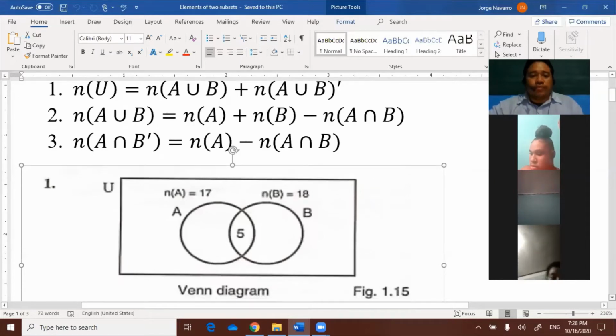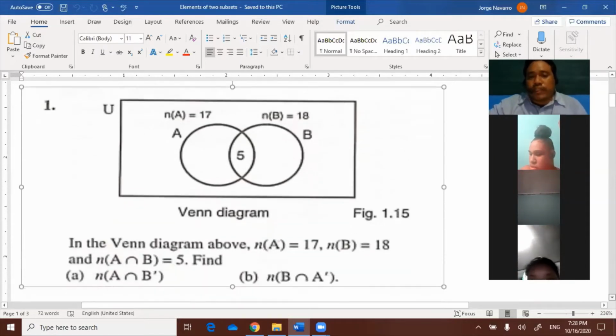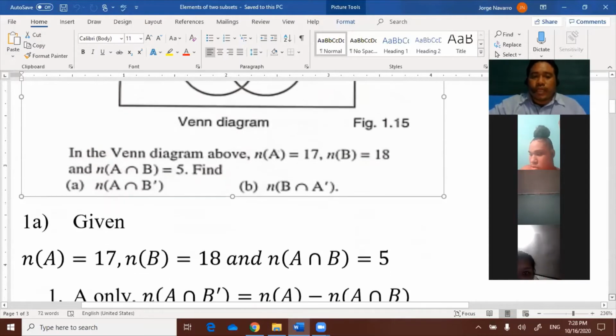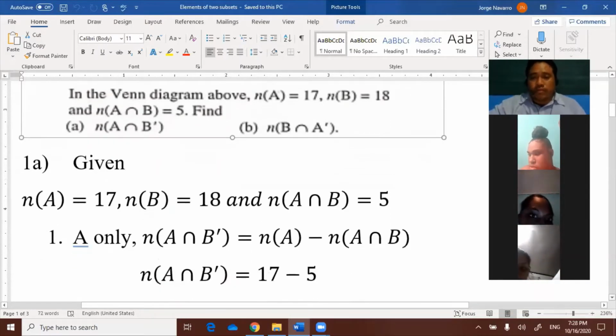So to solve this problem, we start with given, and we write out the information of that section. The number in A is 17, the number in B is 18, and the number in A intersect B is 5.